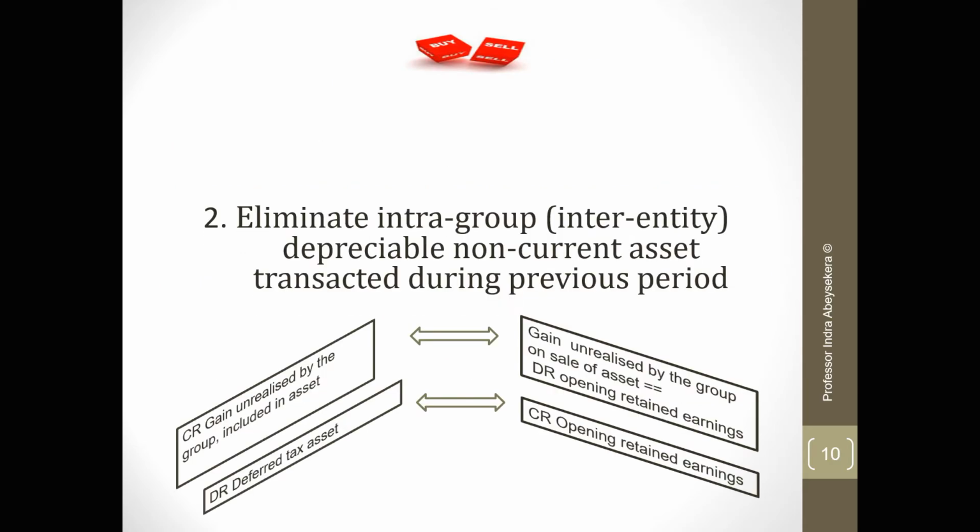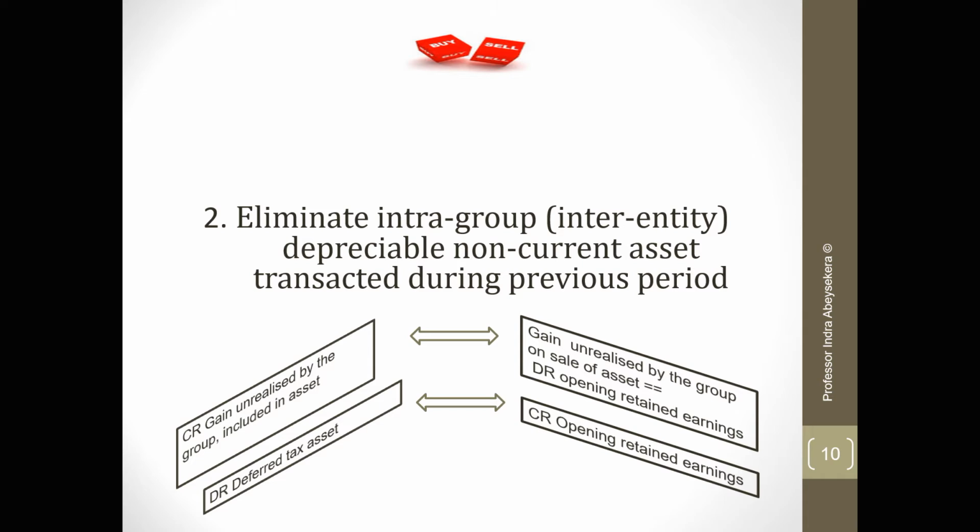So we're going to look at eliminating intergroup transactions of depreciable non-current assets transacted during a previous period. So we have a gain on sale and overvaluation of the non-current asset, but the gain on sale occurred in the previous period.